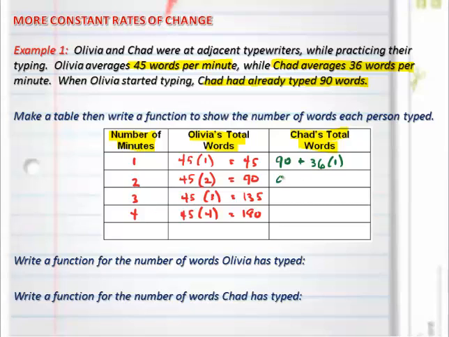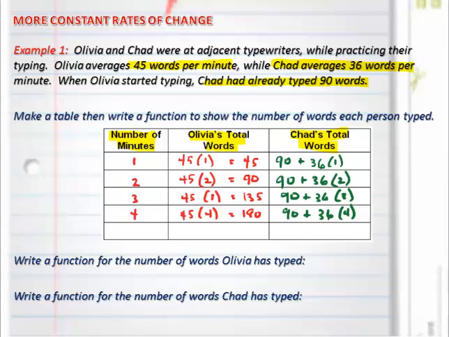All right, after 2 minutes, he had typed 90 words to start with, plus 36 times 2, which is 162 words. After 3 minutes, Chad had typed 90 to start with, plus 36 times 3 minutes. And after 4 minutes, he'd already typed 90 words, plus 36 times 4.